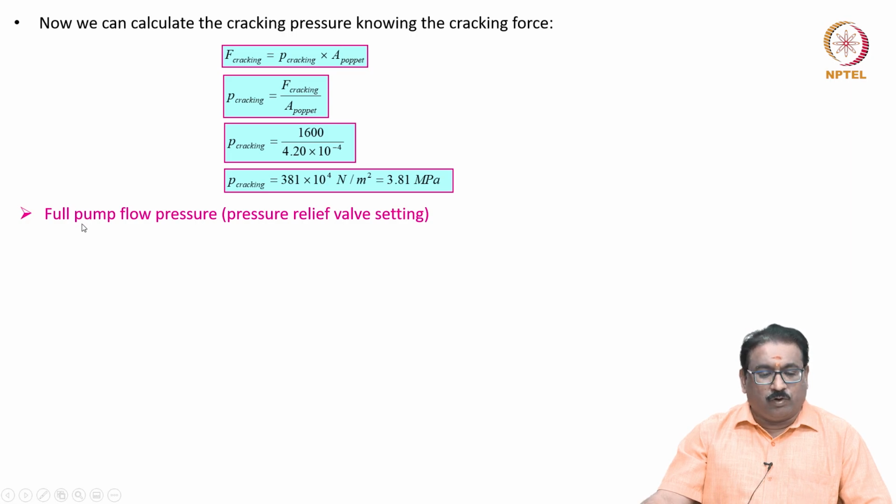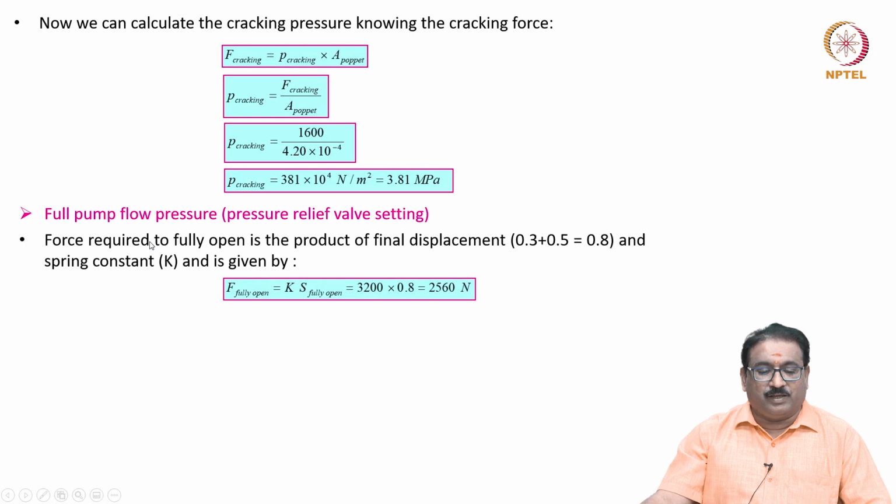Next one is full pump flow pressure, meaning the pressure relief valve setting. Here the force required to fully open is the product of final displacement. Final displacement means 0.3 plus 0.5 is nothing but the 0.8 full opening and a spring constant. Multiply these two, then I will get the F fully open.